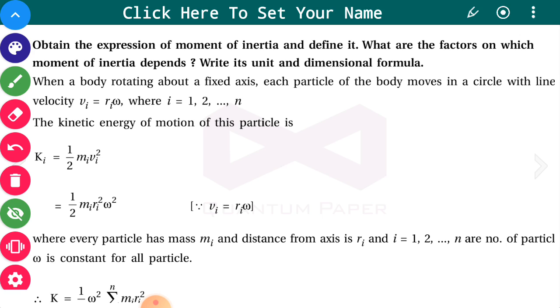Now kinetic energy, as you know, is 1/2 m_i v_i squared.